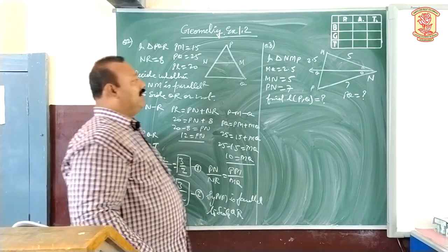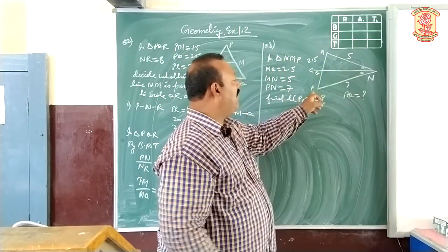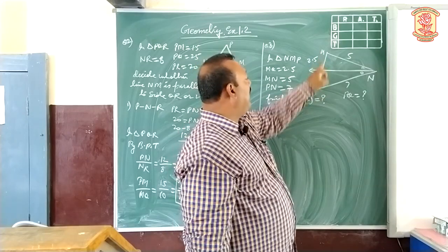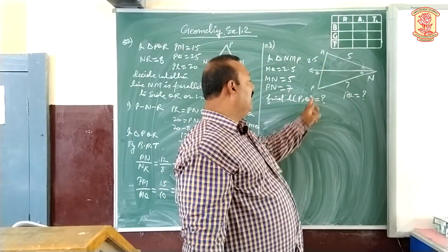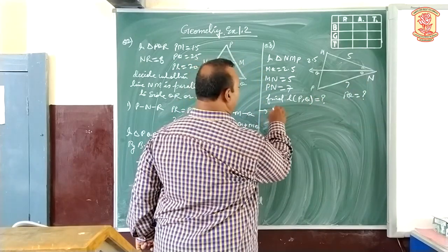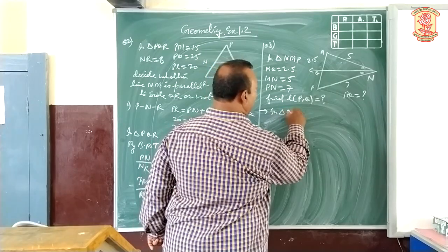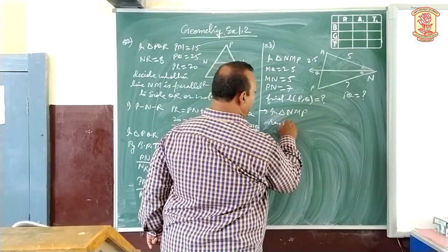Now next sum, question number 3, in triangle NMP, MQ is 2.5, value of MN is 5, value of PN, how much is it? 7. Now directly you can apply in triangle NMP, ray, which is that ray?